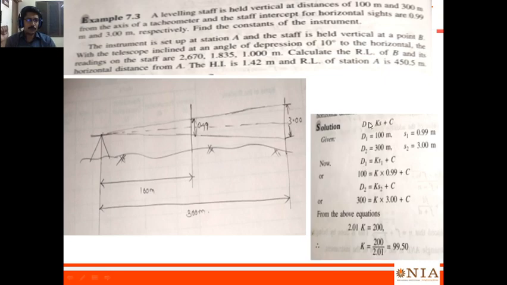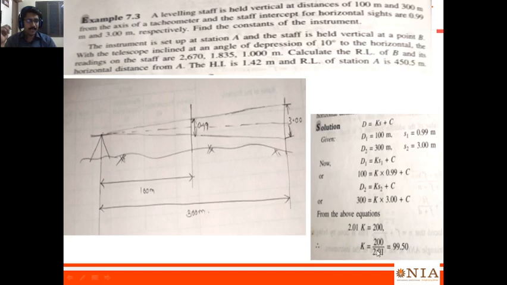So solution, you know, D is equal to Ks plus C. Here we have two distances, so D1 is equal to 100, D2 is equal to 300, and S1 is equal to 0.99 and S2 is 3 meter. Substitute all these, you will get two equations. By solving both the equations you are able to get the value of K. K is equal to 99.50, right?